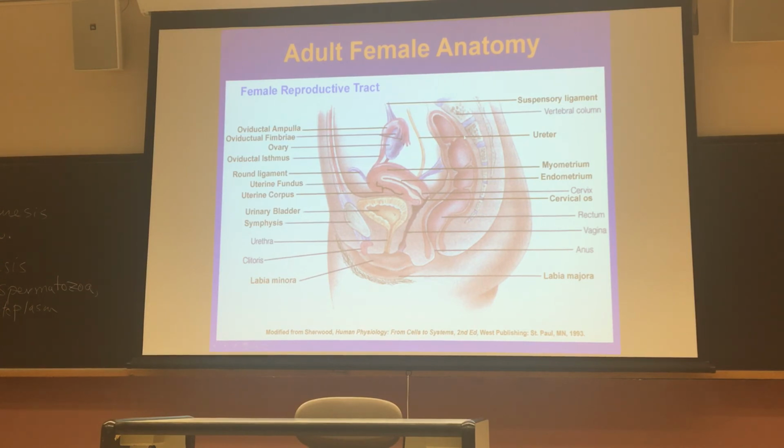This is a sagittal section, of course, through a female. And you're looking at, here's the backbone, here's the rectum, the lower part of the large intestine. And then forward from that, you're going to see the urinary bladder. There's the pelvic bone, the symphysis.